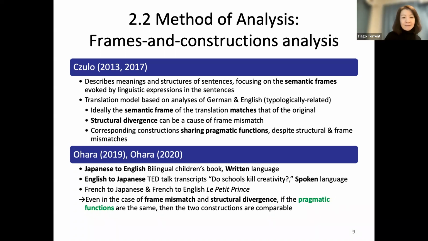And I found out that even in the case of frame mismatch and structural divergence between corresponding sentences in Japanese and English, if the pragmatic functions are the same, then the two constructions in Japanese and English are considered to be comparable.